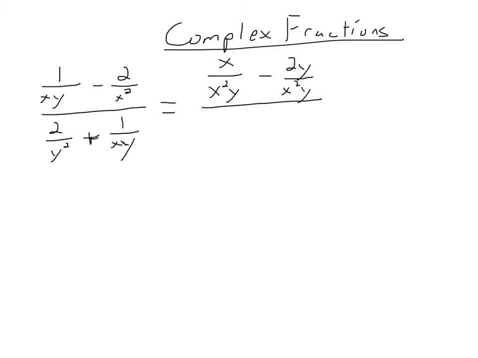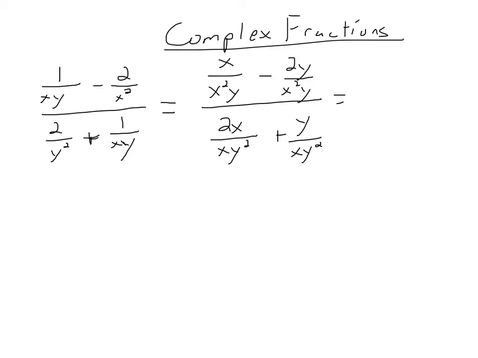On bottom, our common denominator is going to be xy squared. Okay, our first term is missing an x, and our second term is missing a y. So now we can do the addition.